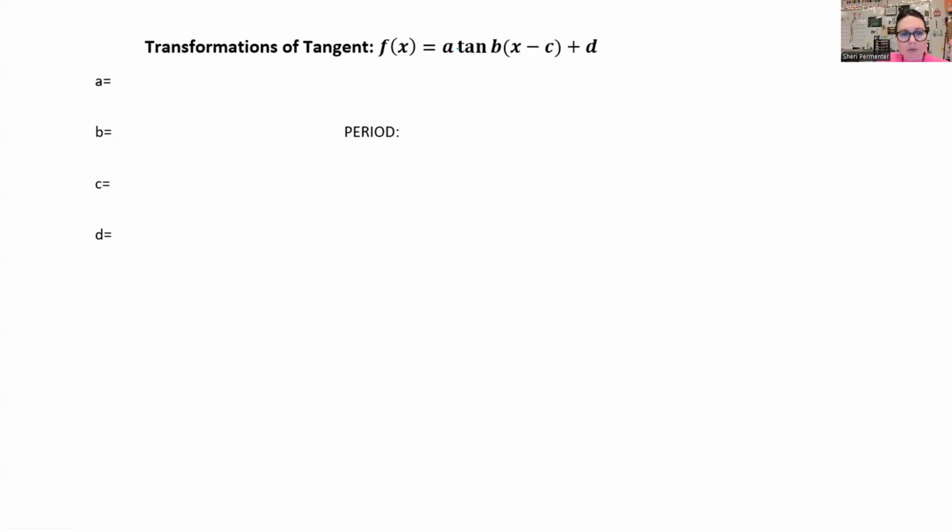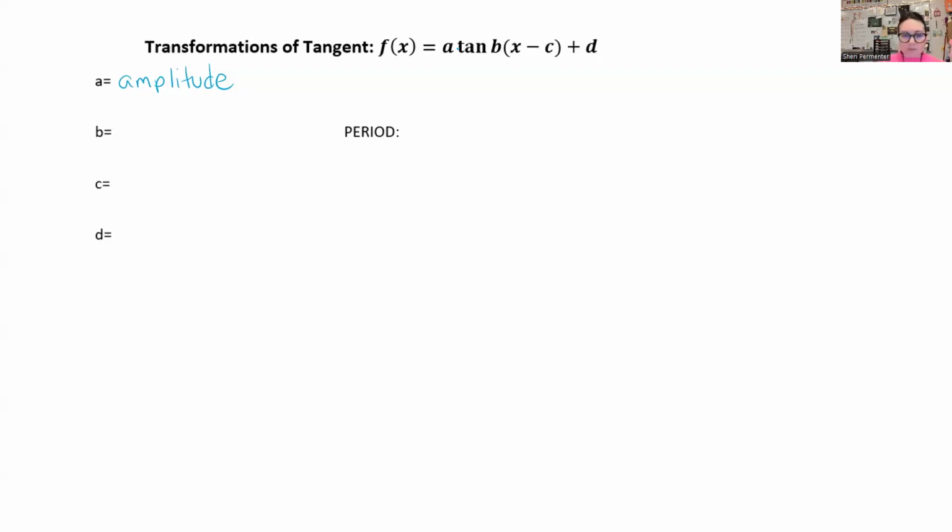So A is amplitude. And the amplitude represents how far up and how far down your graph goes. It's stretching it vertically. And like I said, you've done that before when you've graphed other functions.